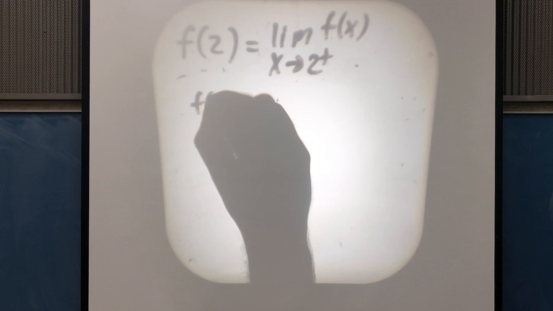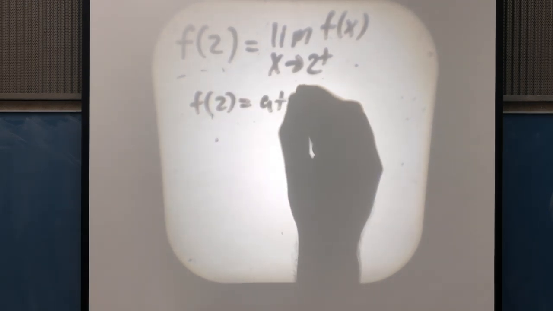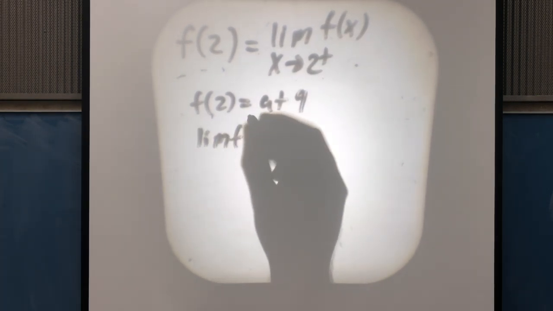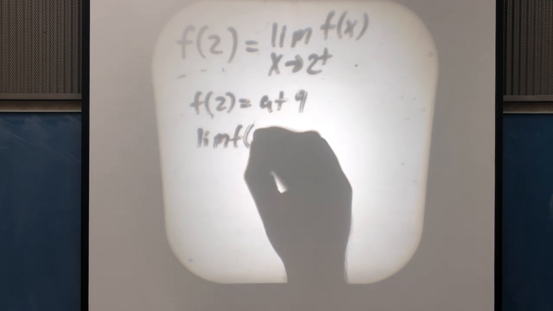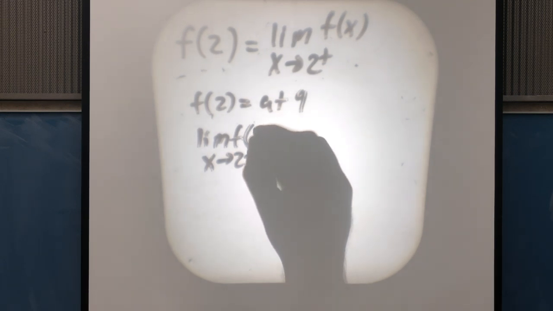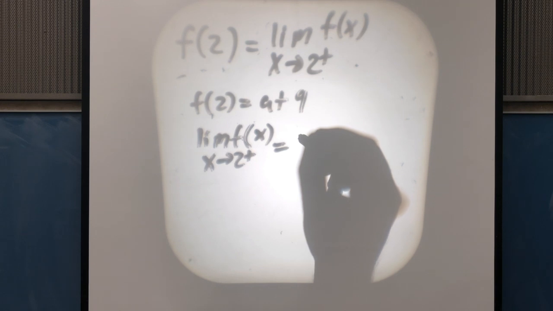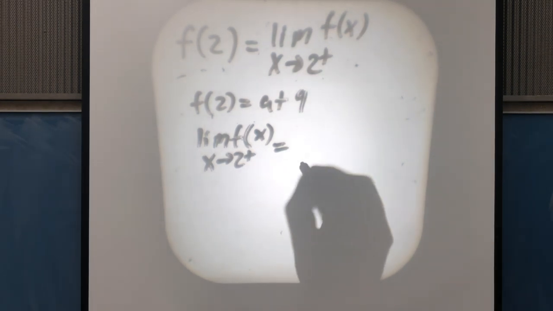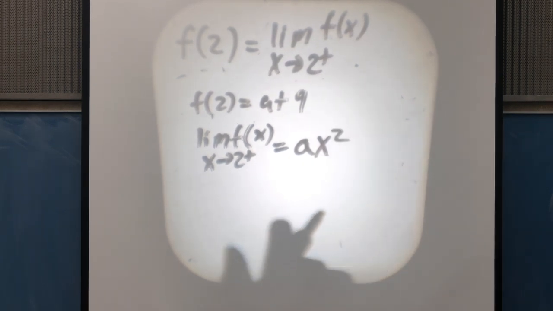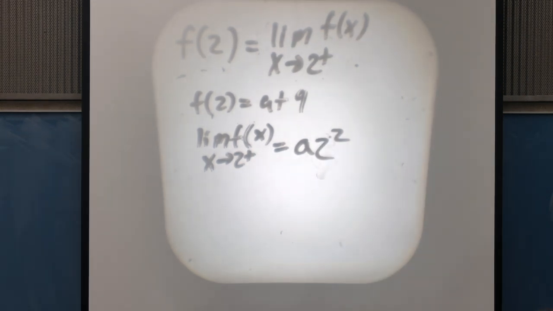F of 2 again is a plus 9, and the limit as x approaches 2 from the right is, let's see, a x squared, and then 2 gets plugged in for x.